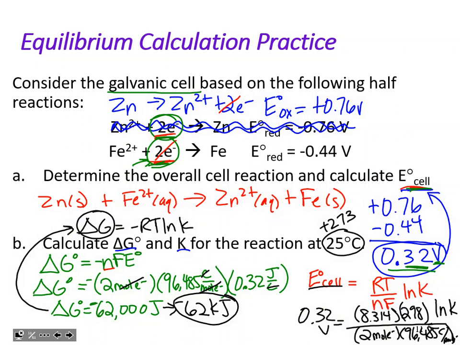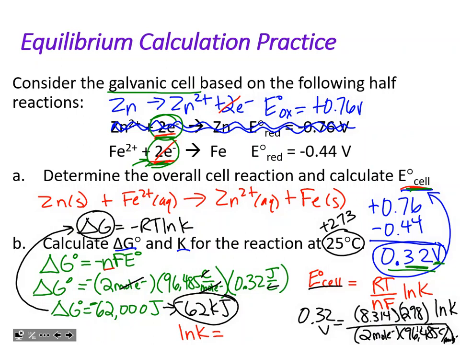So here I'm going to go ahead and calculate all that. ln K is going to be equal to 0.32 times 2 times 96,485 divided by 8.314 divided by 298.